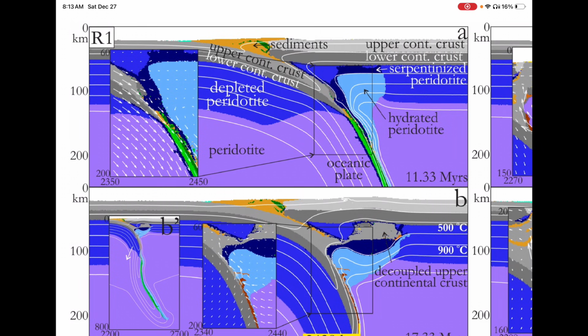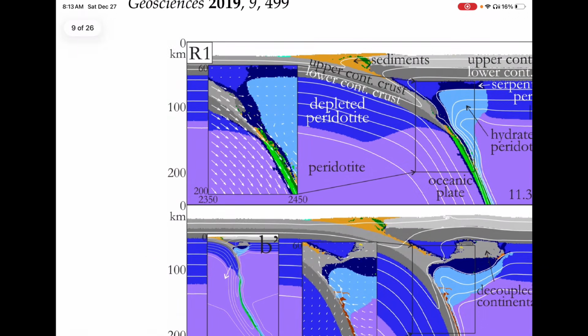Oh yeah, and then on the left here, on these white arrows, right here, these arrows going down, this is showing mantle flow. As the slab is descending here, it's also dragging the mantle around it, and then this is the wedge above the plate.